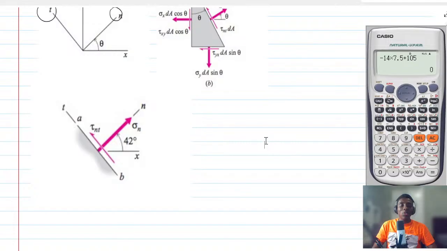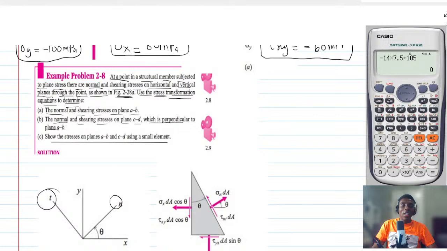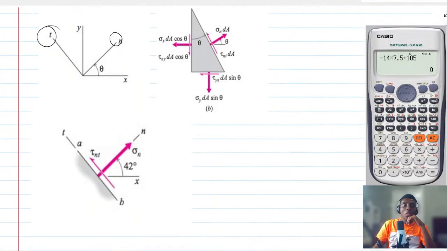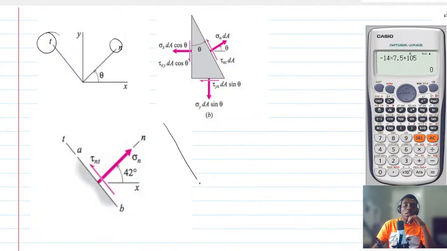Basically this is what we are trying to say. If you come and stand at AB here, this line AB, we are saying that there is an axis which is normal to AB, and then there is the tangential, and that tangential is where AB is acting.